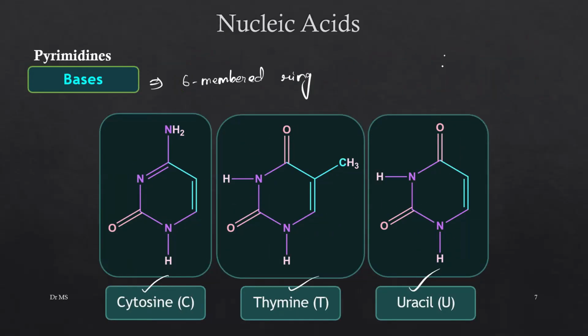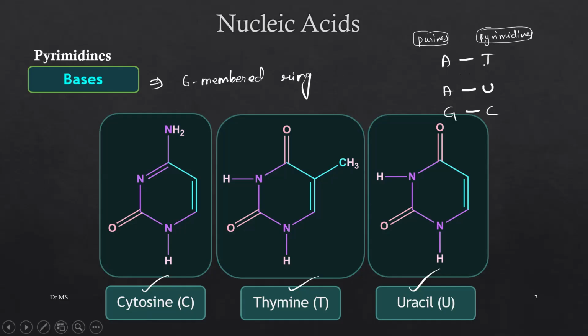So A binds with T, or A binds with U, or G binds with C. A and G are purines, but T, U, C are pyrimidines. So a purine is always bound with a pyrimidine. That's how they maintain equal distance between them, so they are parallel in nature.